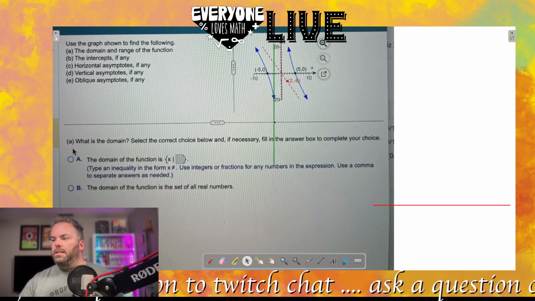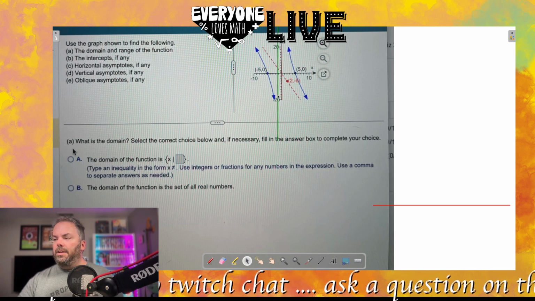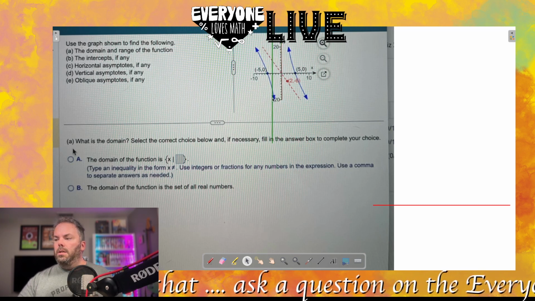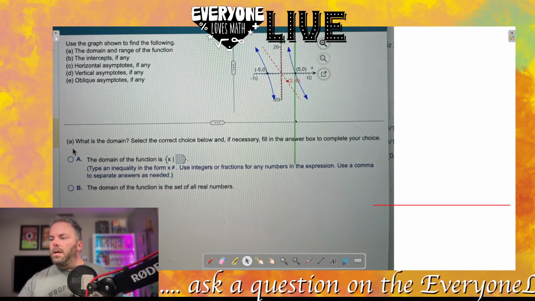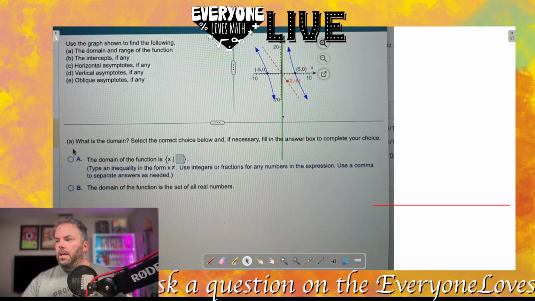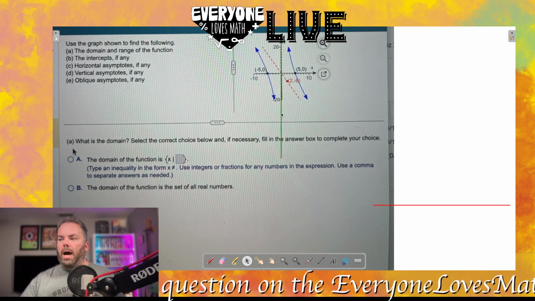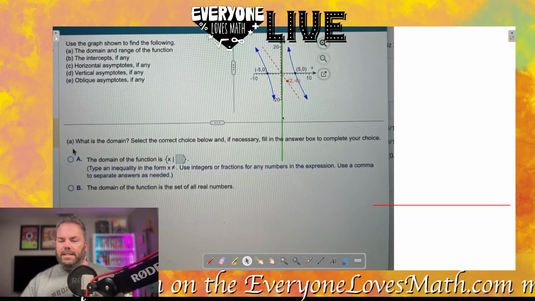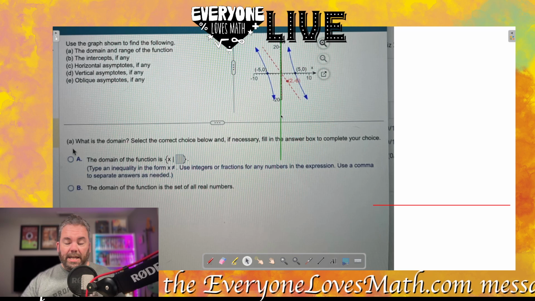Now, this down here looks like maybe some vertical asymptote action. If I look carefully, the y-axis looks like it's red. So I think there is a vertical asymptote right here at x equals 0, so that's bad.